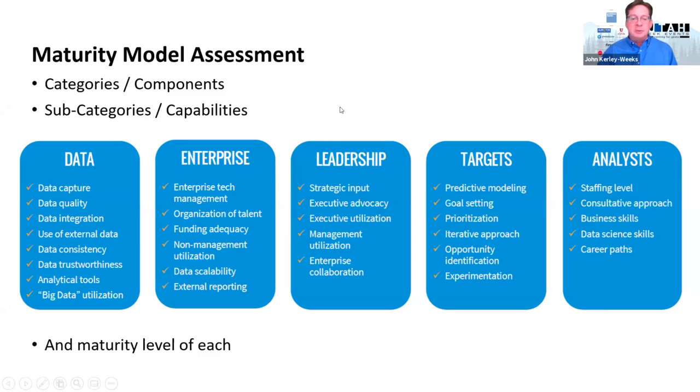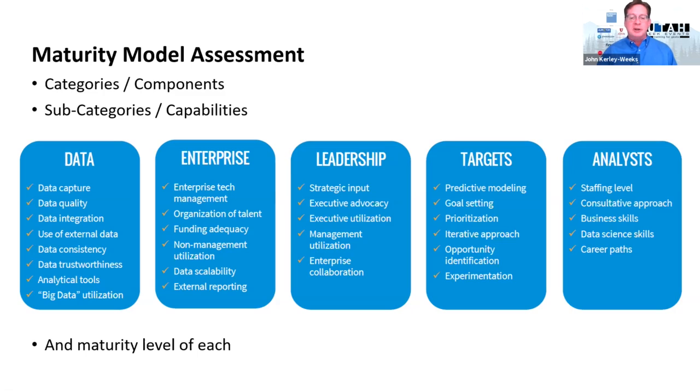So within the DELTA maturity model, which stands for Data, Enterprise, Leadership, Targets, and Analytics, there are a number of areas that we want to pay attention to, and we often get distracted. We may put something on the back burner and not realize that we need to address it in the future. For instance, data quality issues could surface, but they often don't become a top priority until there is a problem.